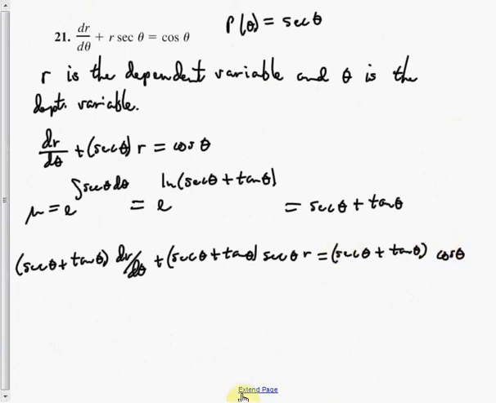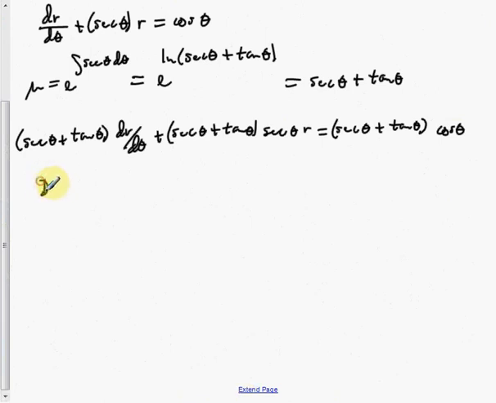Well, the left side is automatically the derivative with respect to theta of the integrating factor, which is secant theta plus tan theta, times the dependent variable, which is r, is equal to basically that right side, which was cosine theta, times the integrating factor, secant theta plus tangent theta.